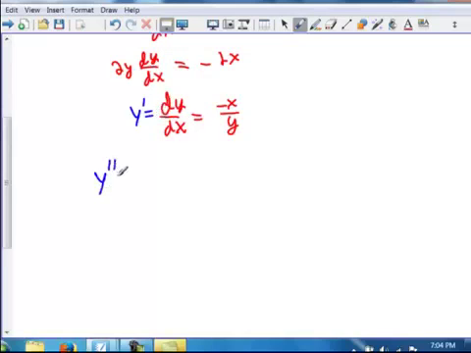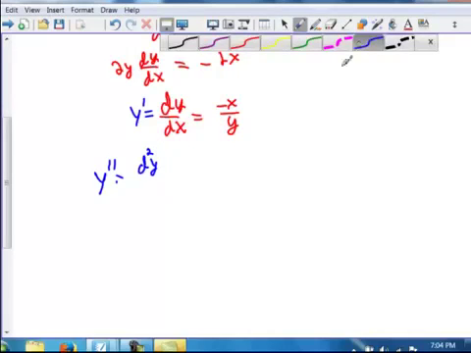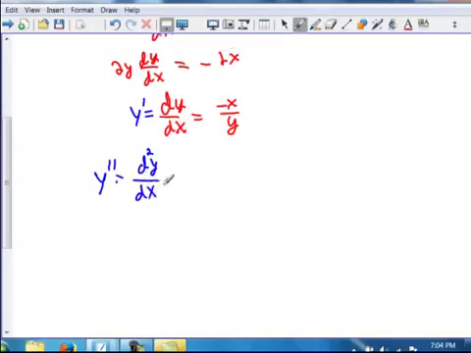So y double prime, which is d squared y dx squared, will be equal to derivative of the top times the bottom minus derivative of the bottom times the top, all over the bottom squared.